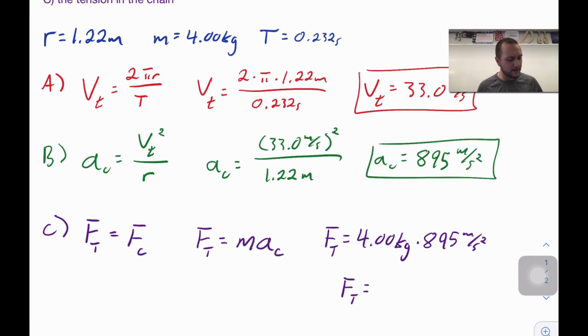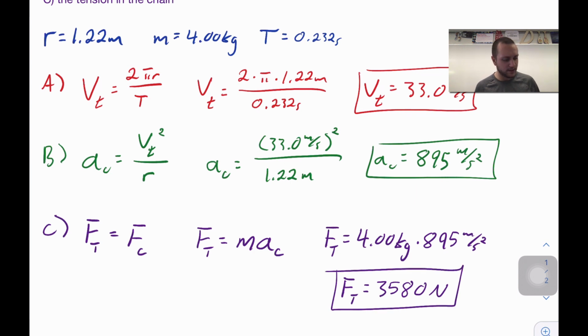And we are going to get, for that force, 3,580 newtons using 3 sig figs. That's what we're going to see for our tension, which is going to be equivalent to our centripetal force.